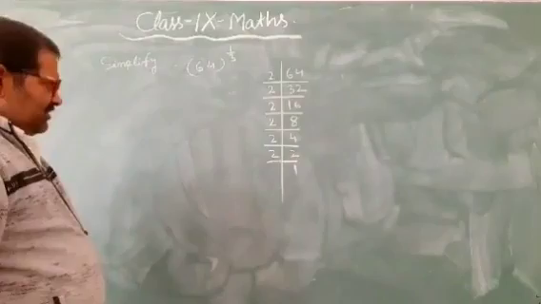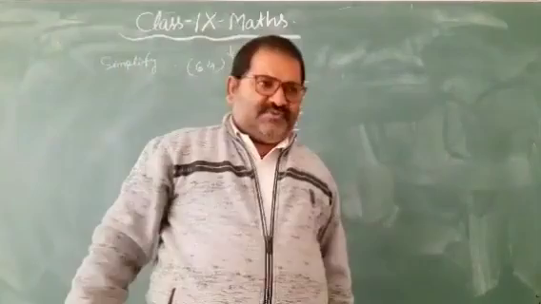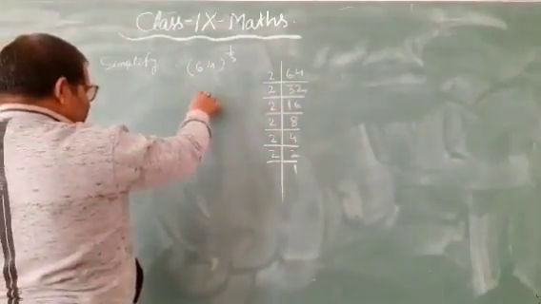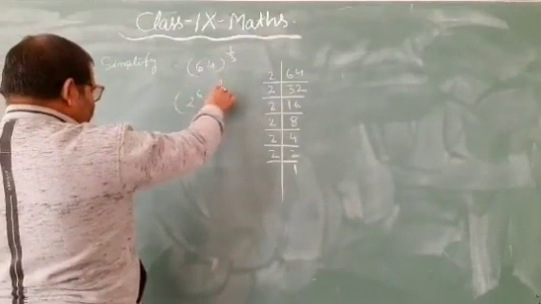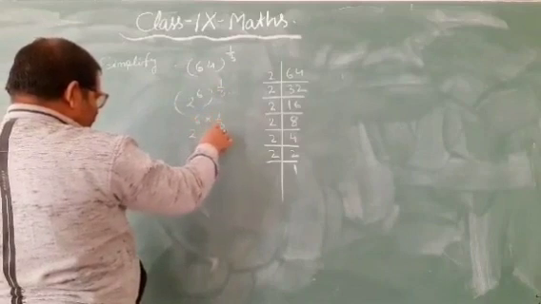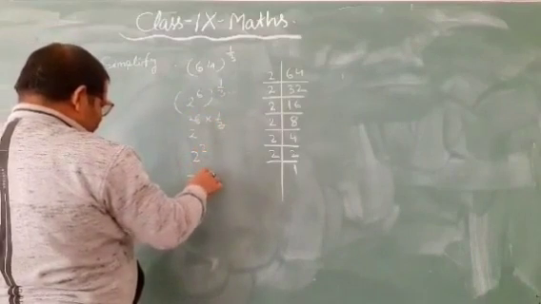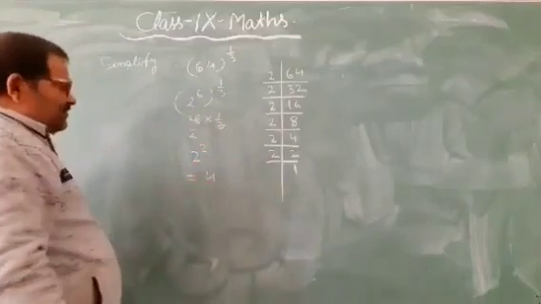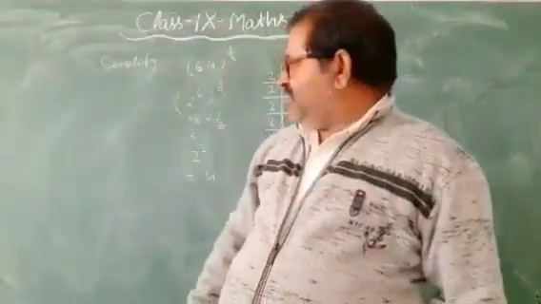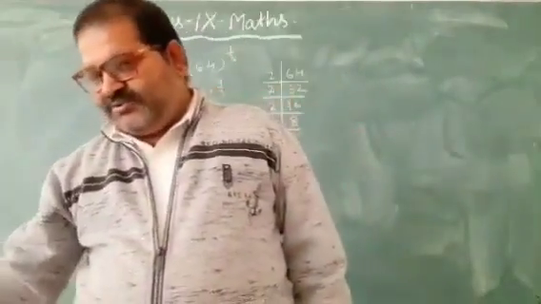So this is the factorization of 64. Now 64 can be written as 2 power 6, whole power 1 by 3, and 2 power 6 into 1 by 3, so 2 power 2, that's equal to 4. This is the simplified value of the number. Clear? Next question.